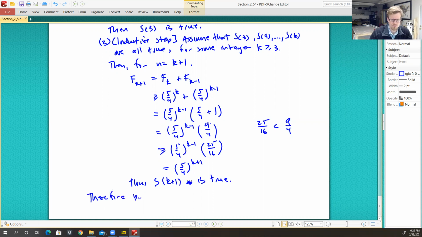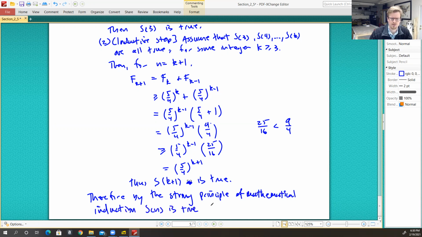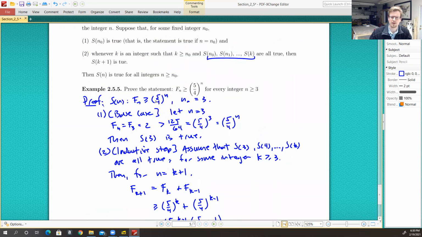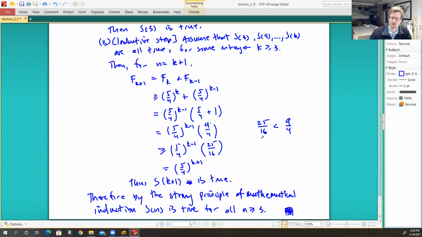Therefore, by the strong principle of mathematical induction, S of n is true for all n greater than or equal to 3, as described here, right? S of n, base case is 3, so n has to be 3 or greater.